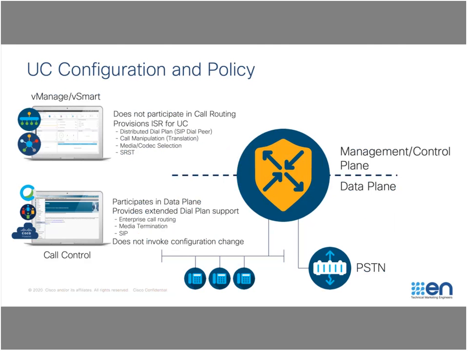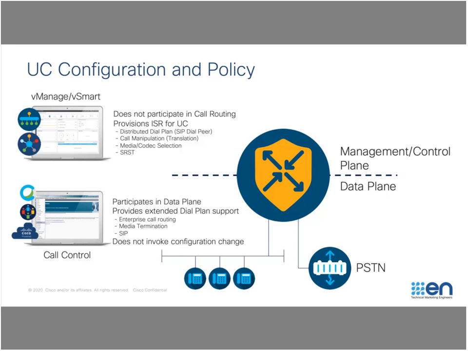Now, before I cut out of UC configuration here, the UC update, you do need to be aware as well, if you're not really a UC guy or a UC engineer and everything I just talked about makes absolutely no sense to you and you don't care to know any more about UC, that's perfectly fine. The only thing you need to be aware of is vManage is essentially going to have some new templates to configure UC functionality on the router.